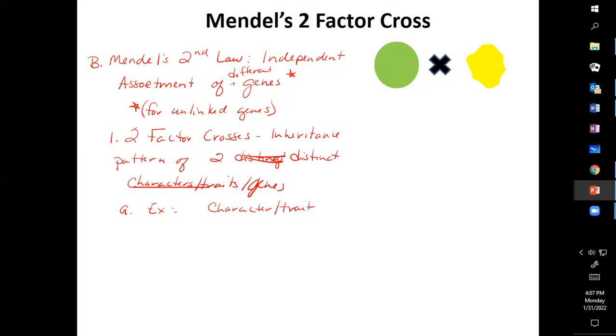So in an example here, we're looking at shape. We've got a round seed and we've got a wrinkled seed. So I'm using the same characteristic or trait that we looked at before. So we're going to use seed shape. Our distinct variation is again wrinkled versus round.